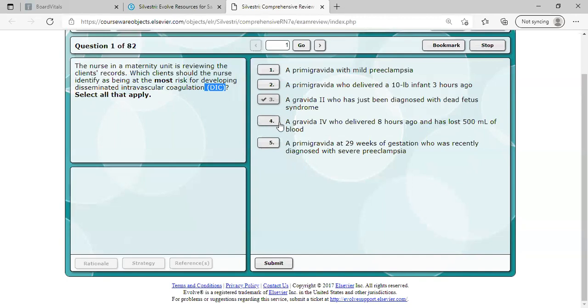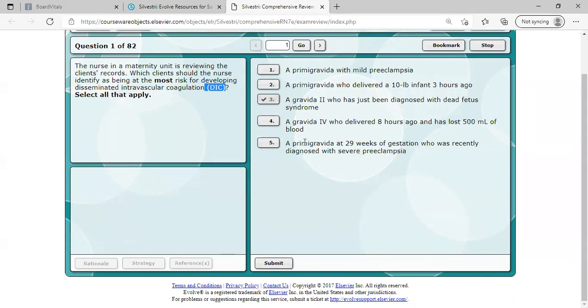Number 4, a gravida 4 who delivered 8 hours ago and has lost 500 ml of blood. Do you find any abnormalities? The mother already has 4 children and delivered another baby 8 hours ago. Because of the delivery procedure, the mother lost 500 ml of blood. Is there any underlying cause to develop DIC? No, we do not find any. Nothing abnormal here. Number 5, a primigravida, 29 weeks gestation.